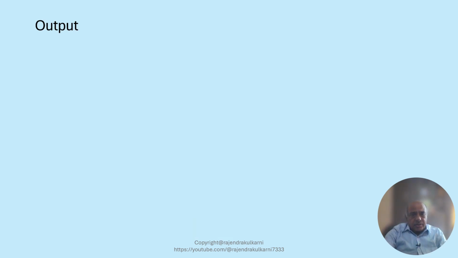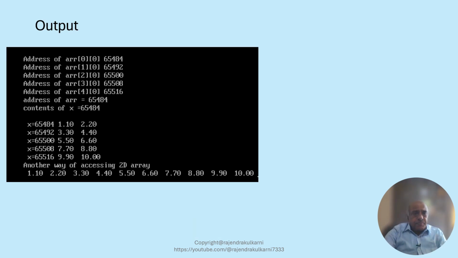So let us see what is the output of this program. It gives us the addresses of each 1D array, the starting or base address of each 1D array which are the elements of the 2D array, and then we get the values stored at the elements of the 2D array by using pointer notation.